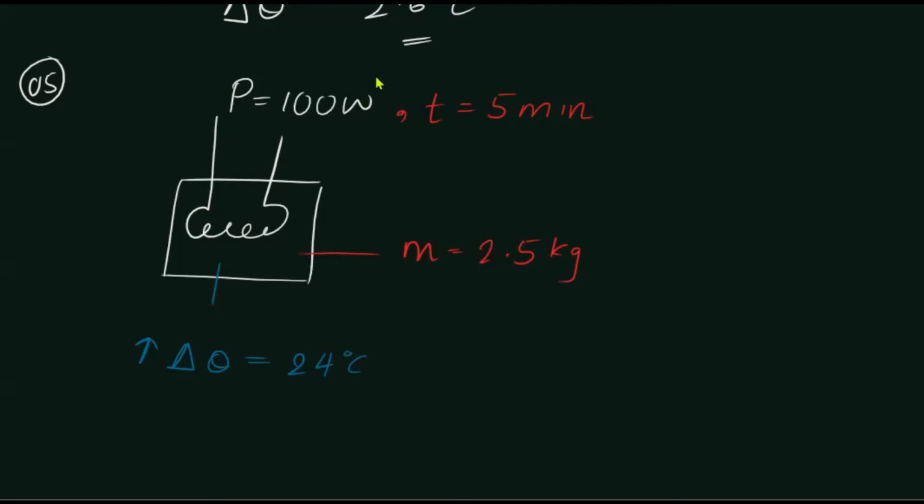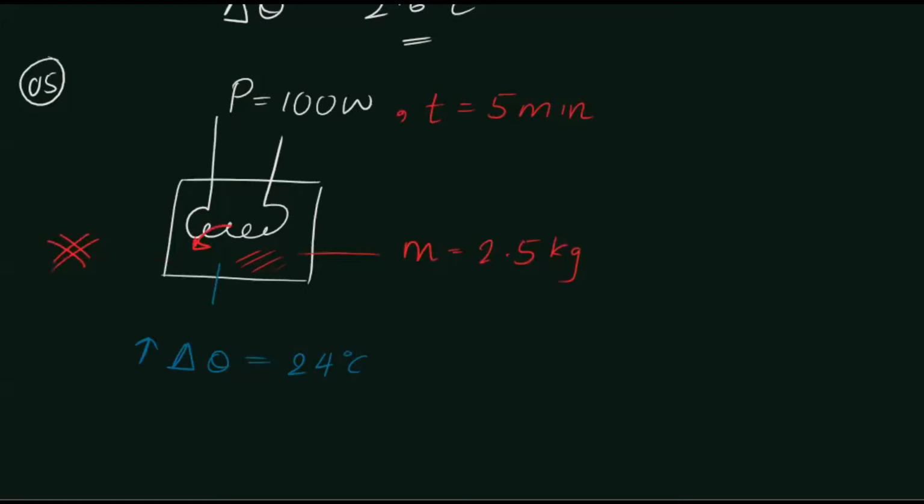The heater is going to supply the heat. The heat supplied by the heater is going to be absorbed by the metal block. And because they're saying no heat loss, there is no heat loss to the environment.